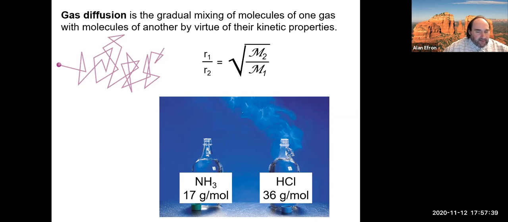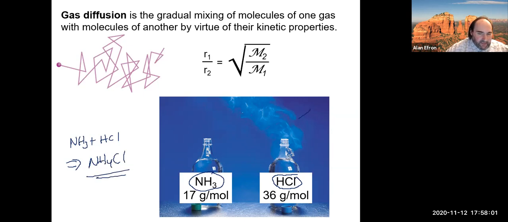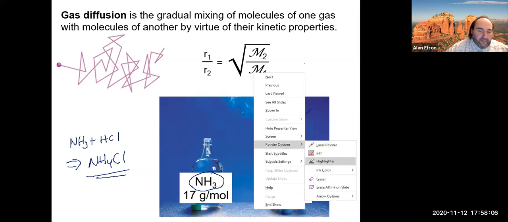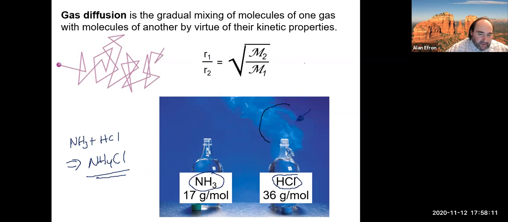So what we see here is a couple of things. We see a bottle of ammonia, which is going to make ammonia gas, and a bottle of hydrogen chloride, hydrochloric acid, which is going to make some hydrogen chloride gas. When these come together, our NH3 plus our HCl makes some ammonium chloride, which is this white stuff that we see here. When we open these two bottles, we see the mixing of those two occurring over here, closer to this one.